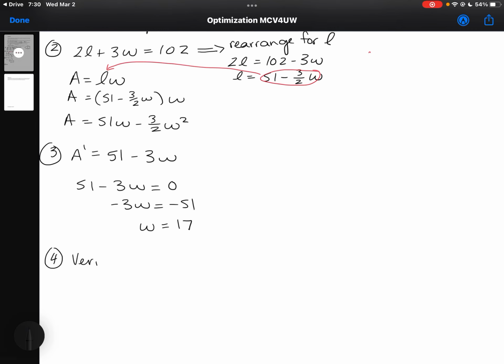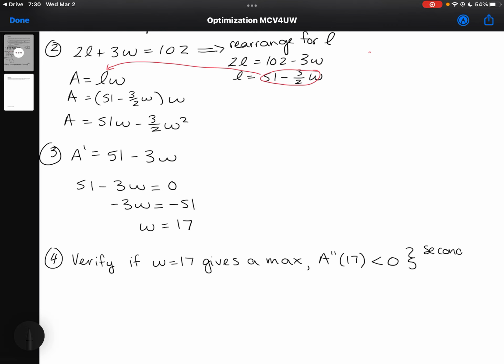Now I'm going to verify. So if this width gives a maximum in my area function, my second derivative evaluated at 17 should be less than 0.